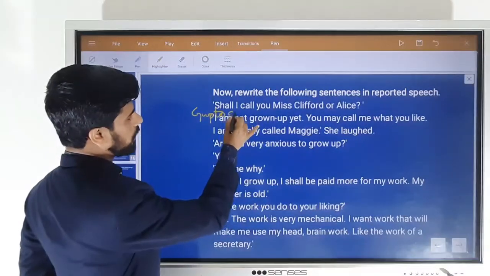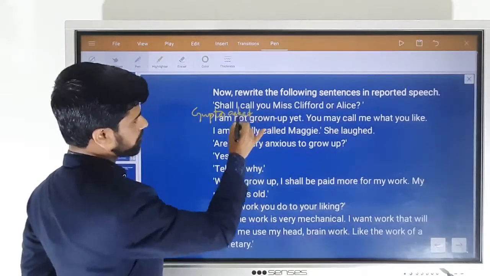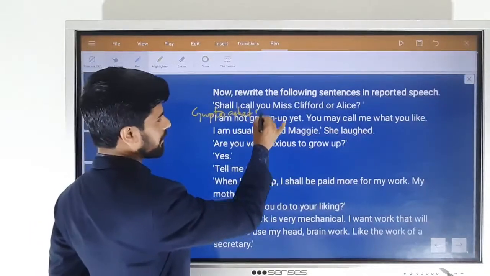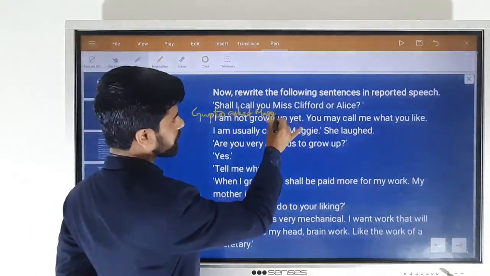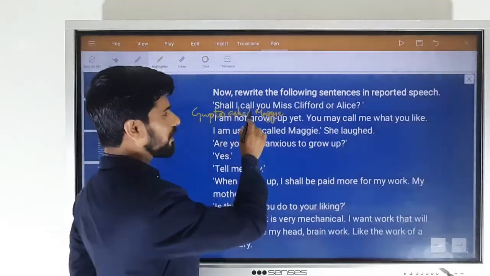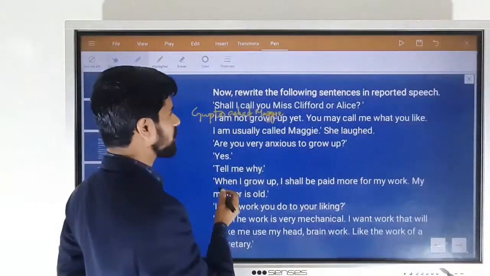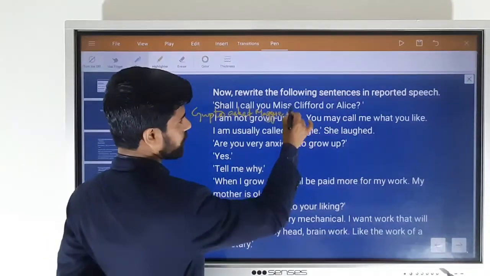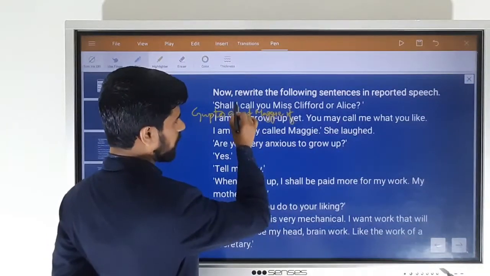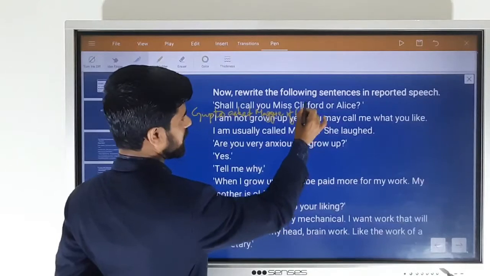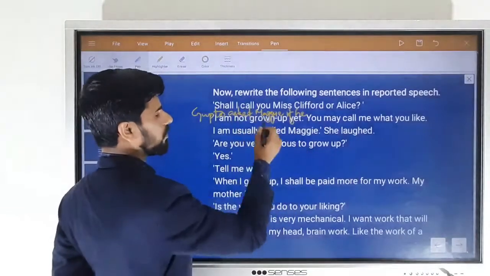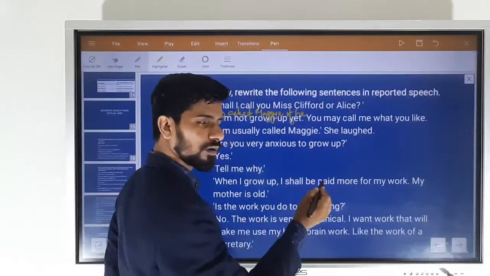Gupta asked Maggie, shall I call you Miss Clifford or Alice? It is a yes or no type question, right? So you can start with if. Instead of I, he, and shall call can be converted to would call or should call.